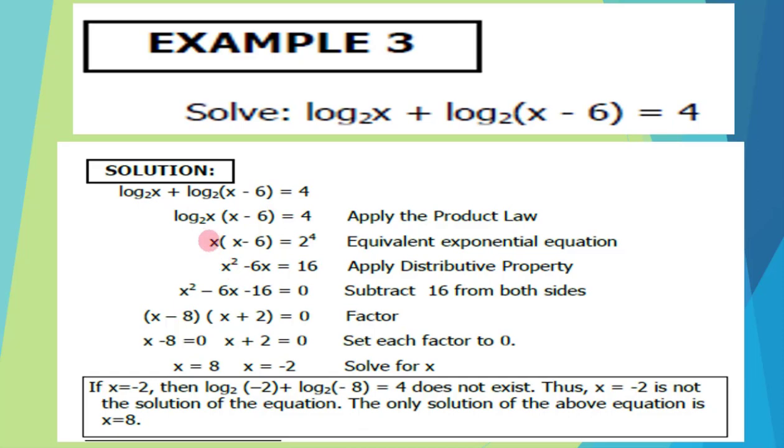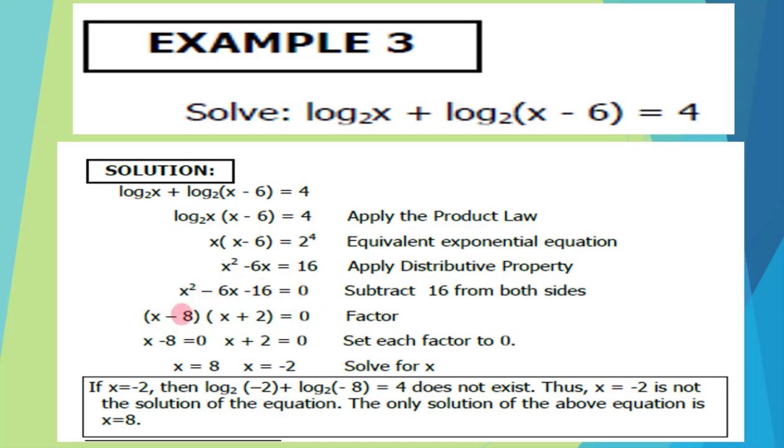Then we distribute x times x, which is x squared, x times negative 6 is negative 6x, and that equals 2 raised to 4, which is 16. And of course, we have to make the right-hand side 0, so we subtract 16 from both sides of the equation. So we have x squared minus 6x minus 16 equals 0.